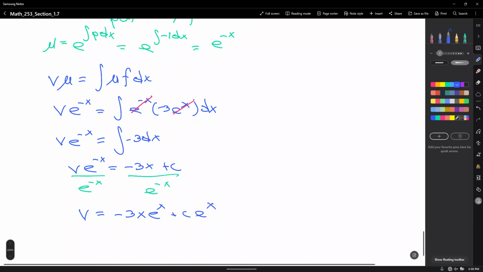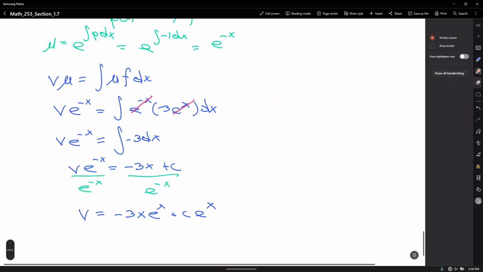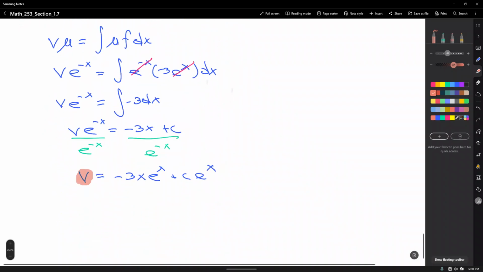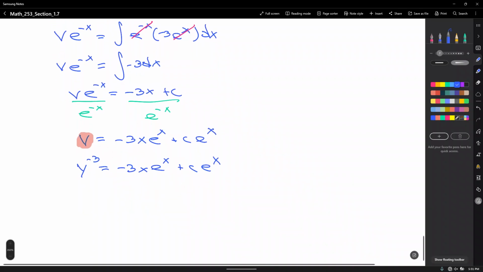The rest of the problem is just 1 over y cubed equals negative 3x e to the x plus c e to the x.